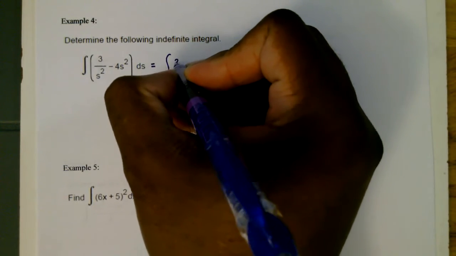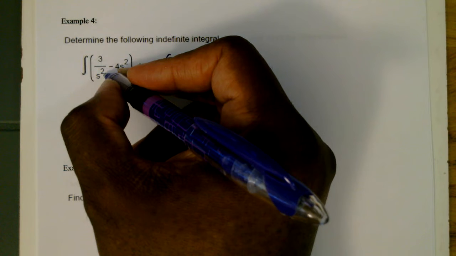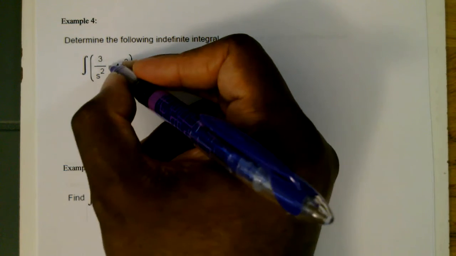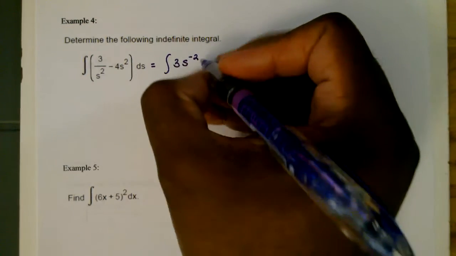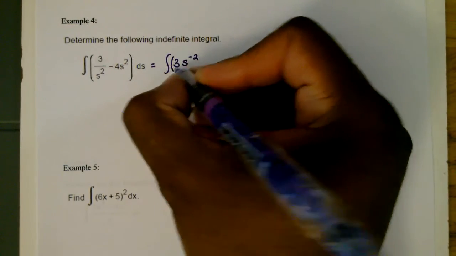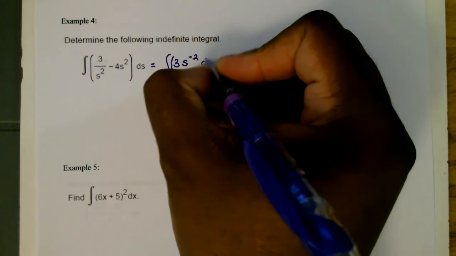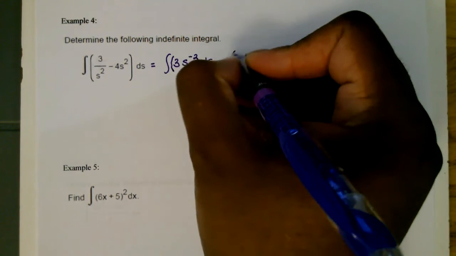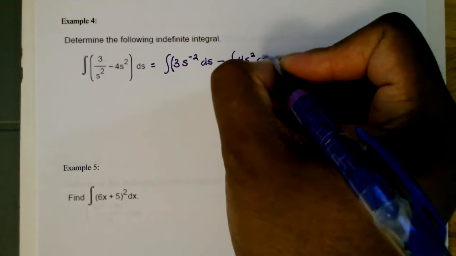The integral of 3 times, I'm going to write s squared using a negative exponent since it's in the denominator. It'll be s to the negative 2 ds, minus the integral of 4s squared ds.